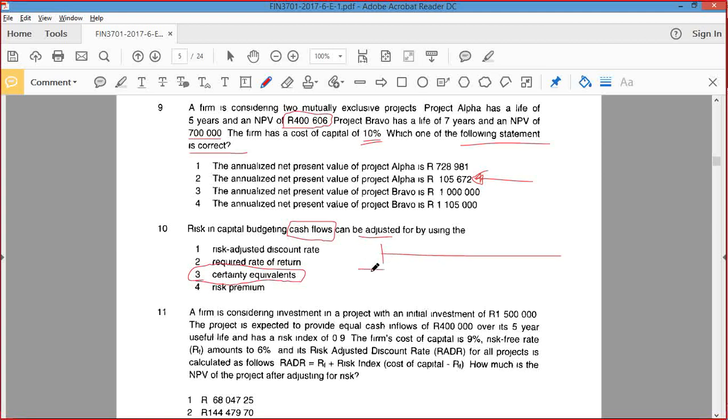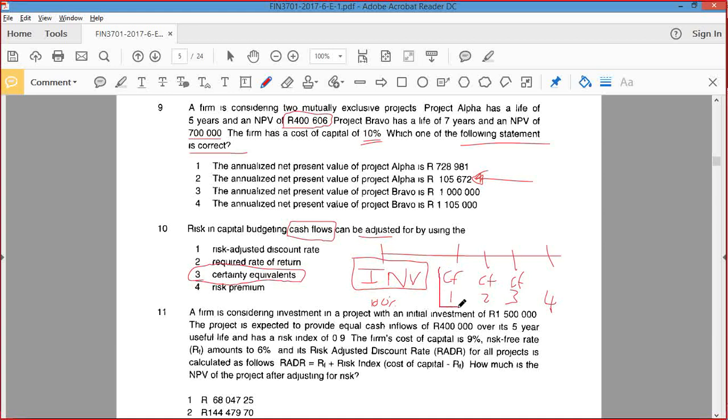For example, net present value is taking future cash flows back in time. Cash flow 1, cash flow 2, cash flow 3, and so on. Are you going to have certainty with the initial investment? Yes. There will be 100% certainty with how much you're going to invest to start the project.